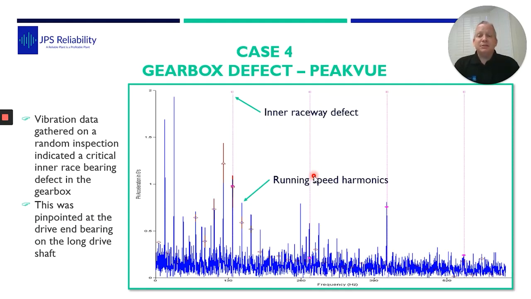This was the PeakVue data from the short shaft, I think it was. As you can see, 2 Gs, but here what we can see very clearly is an impact which matched the calculated defect frequency for the inner raceway, sidebanded by run speed harmonics, and harmonics of the defect.